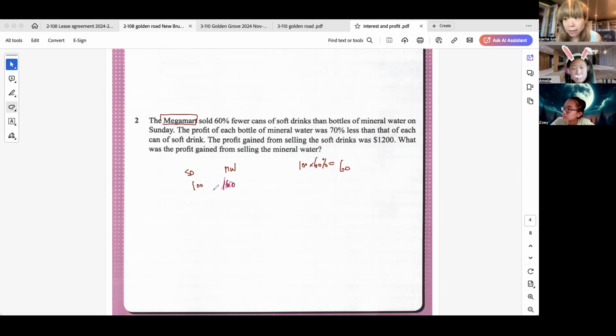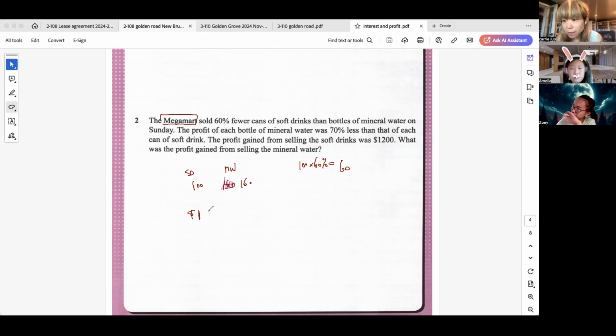Okay, Amelia, if you still have to think about this, you're not using your brain at all. Do you understand? The profit of each bottle of mineral water is 70% less than that of the can of soft drinks. That means if I make $1 on each soft drink, how much can I make on mineral water?